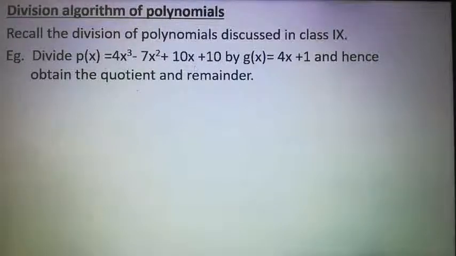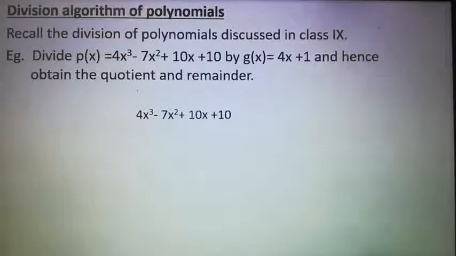If any term is missing, you have to add it with 0 coefficient. Suppose the first degree term was not there, then add the term 0x. So make both the dividend polynomial and the divisor polynomial complete. That's the first step. And arrange in the standard form, descending powers of the variable.